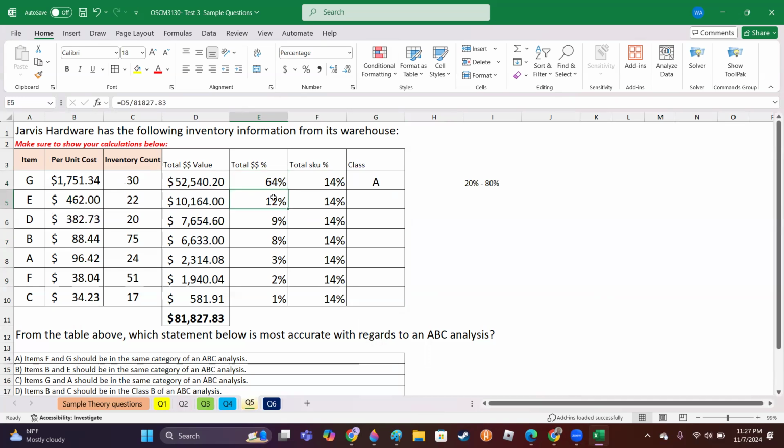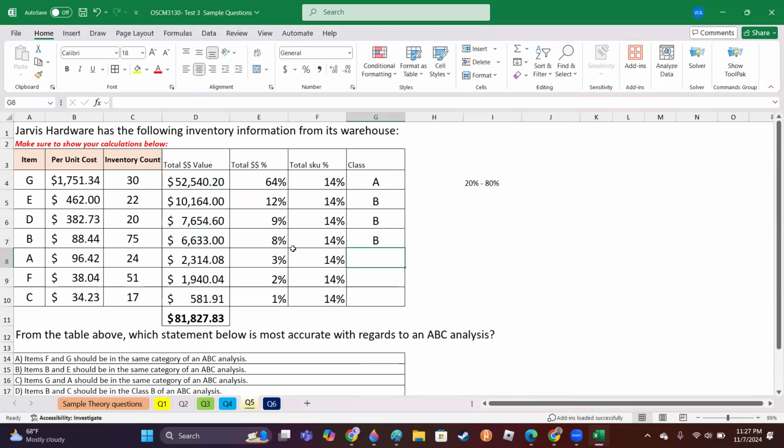E's value is not that high, but I could potentially combine E, D, and B, because if you look down here, the combined total dollar value is around 30%. So 12% plus 9% plus 8%, we get to approximately 30% of value. And if you look at the total SKU percentage down here, that's 43%. So I'm going to put these as my B category.